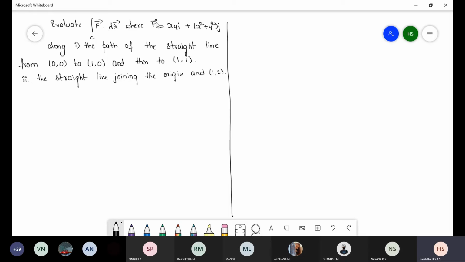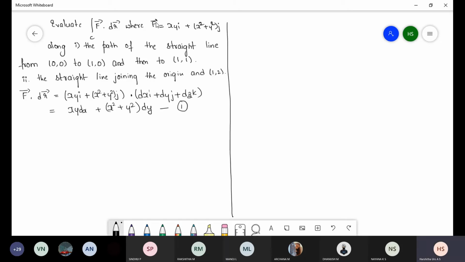Let us see the first one. Before that, first we write vector f dot vector dr, that is xy i plus x square plus y square into j dot dx i plus dy j plus dz k. Now the dot product: xy dx plus x square plus y square into dy.